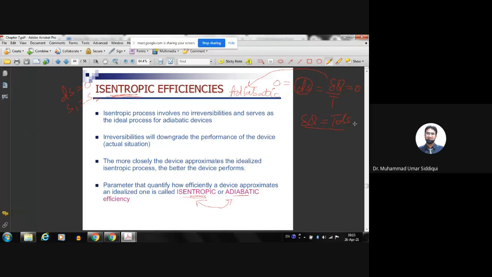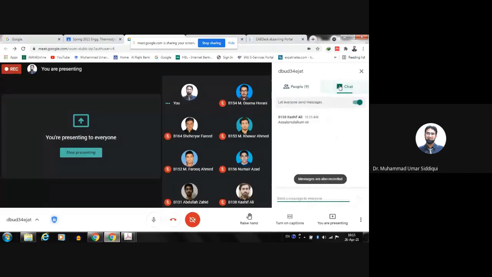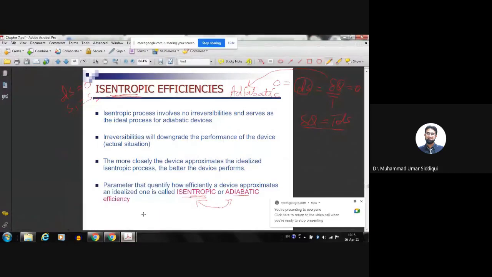So an isentropic motor will be a motor where there will be no heat loss from the motor. Whenever we don't have isentropic, there will be heat losses. That's why isentropic and adiabatic are quite related with each other.